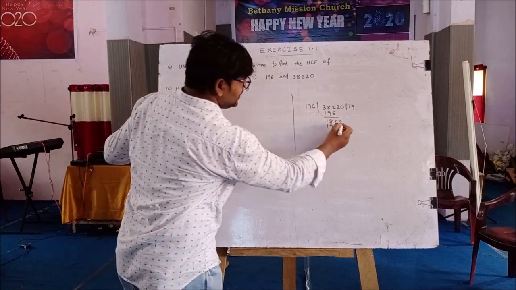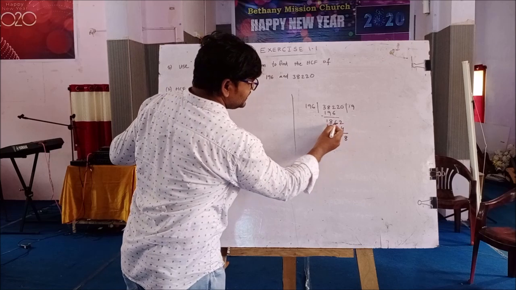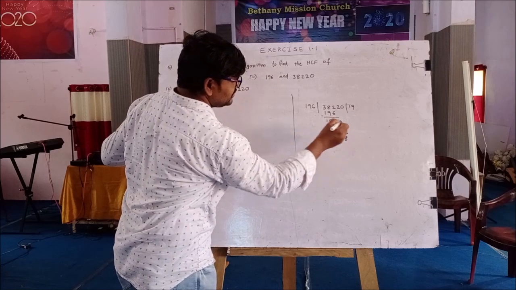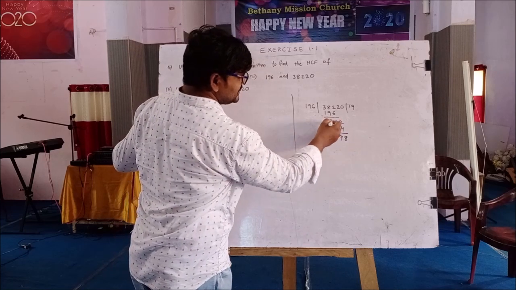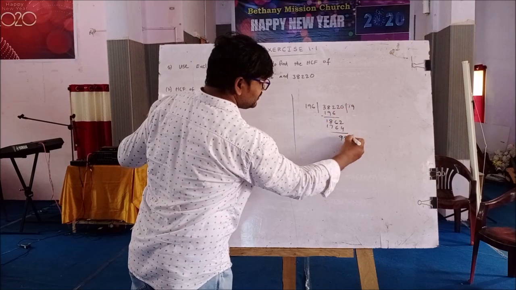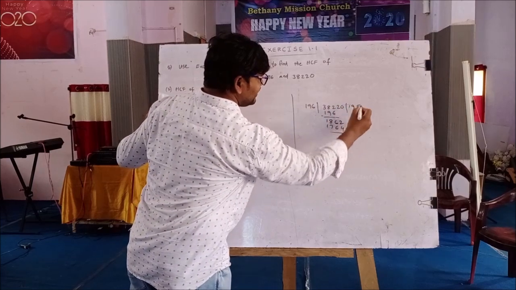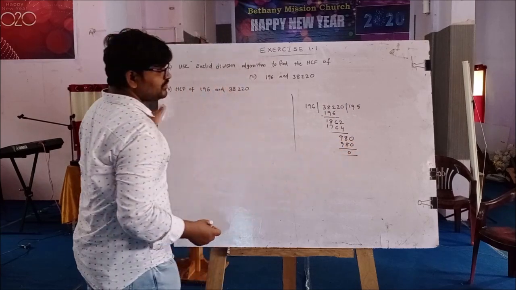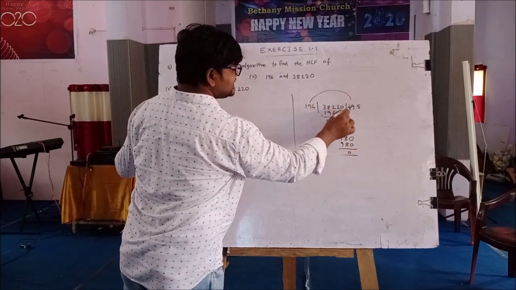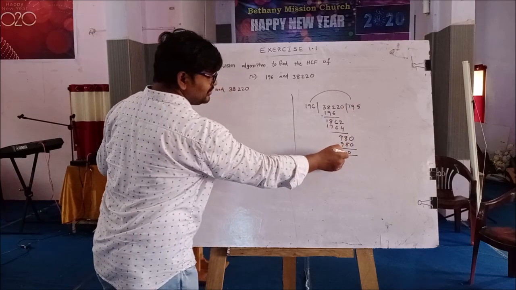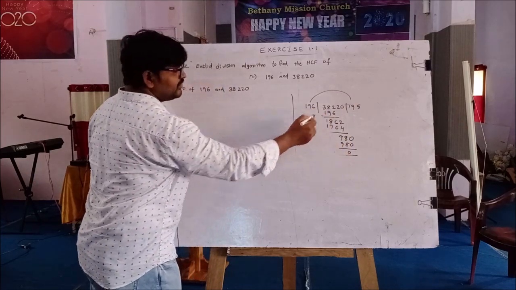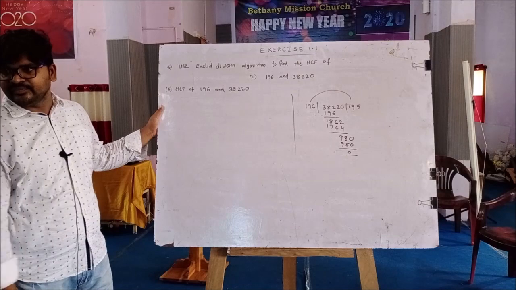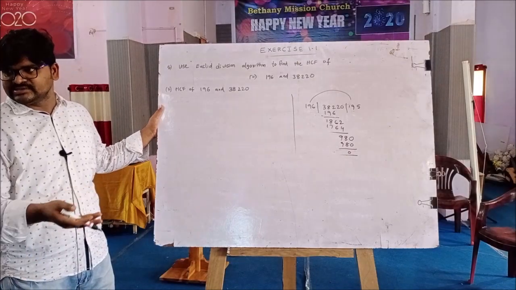Clear? 12 minus 4, 8. This is 5, 15 minus 6, 9. So 7 minus 7, that is 0. Last number 0. 196 times 5, 980. Remainder 0.